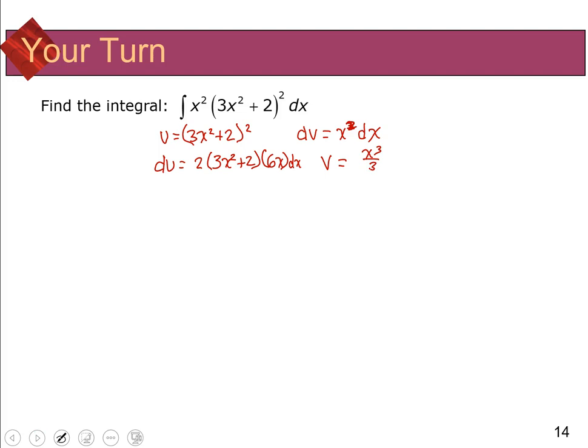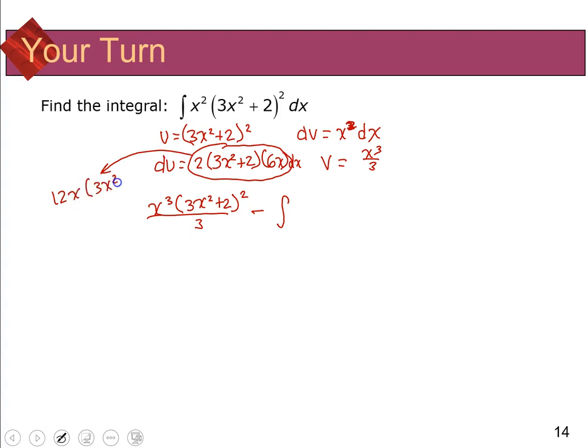So now when I apply the formula u times v minus the integral of v du, I'm going to have x cubed times 3x squared plus 2 squared all over 3 minus the integral. All this over here, I'm going to make my life a little easier and just say that's 12x times 3x squared plus 2, which is 36x cubed plus 24x.